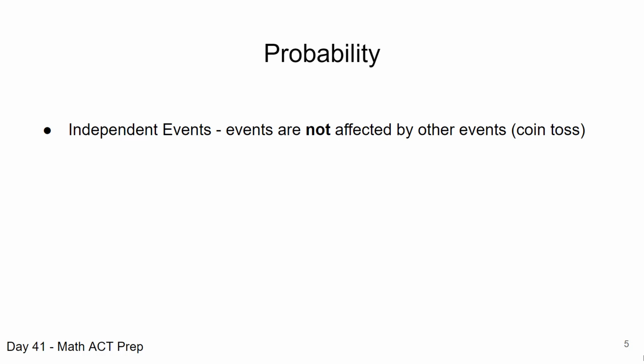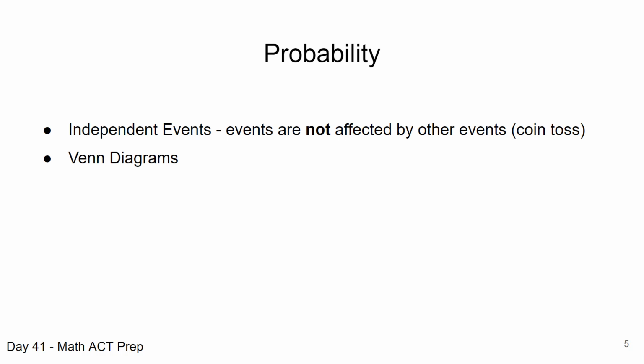If it's independent, it's an event that is not affected by other events. For example, a coin toss. I can toss a coin, say it's on heads. I will toss it again, and whatever that second toss is, it is not affected by what I tossed the first time. Those are independent events.